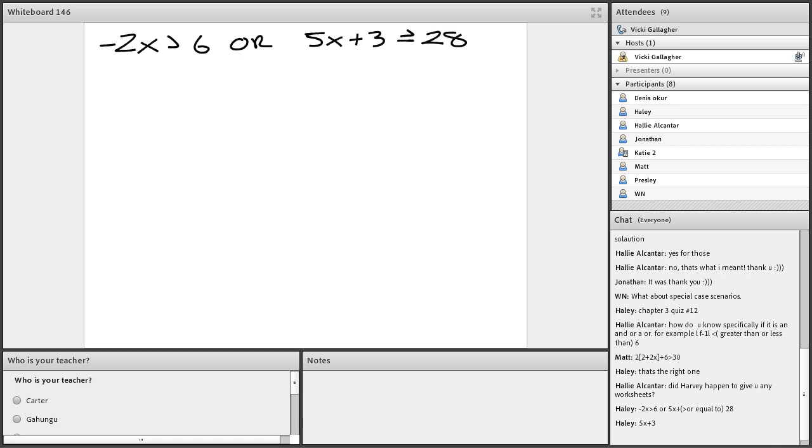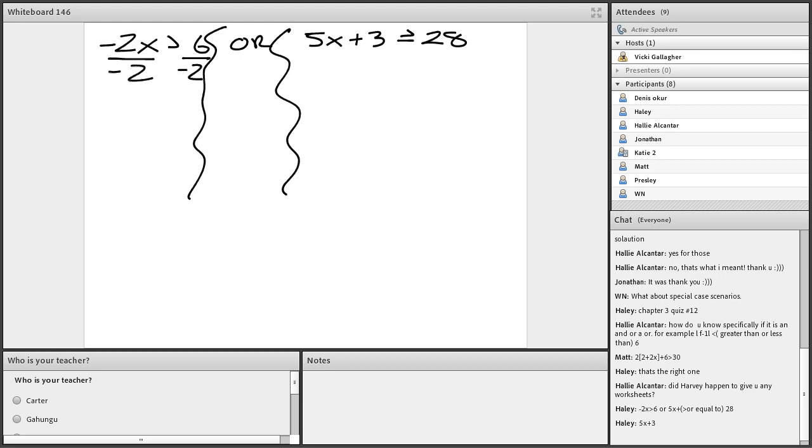All right. So again, on these OR problems, it really is two separate problems. There's the first problem and the second problem. On the first problem, the first thing you're going to do is divide by -2.